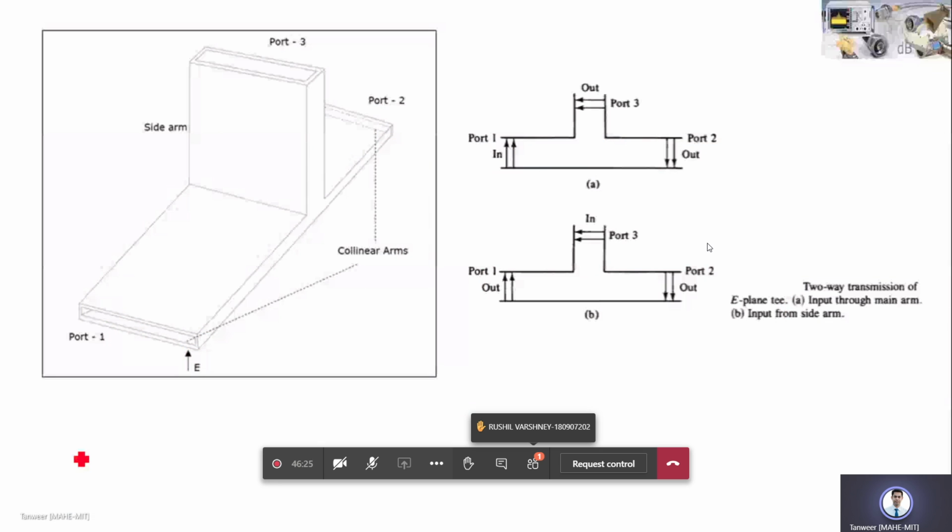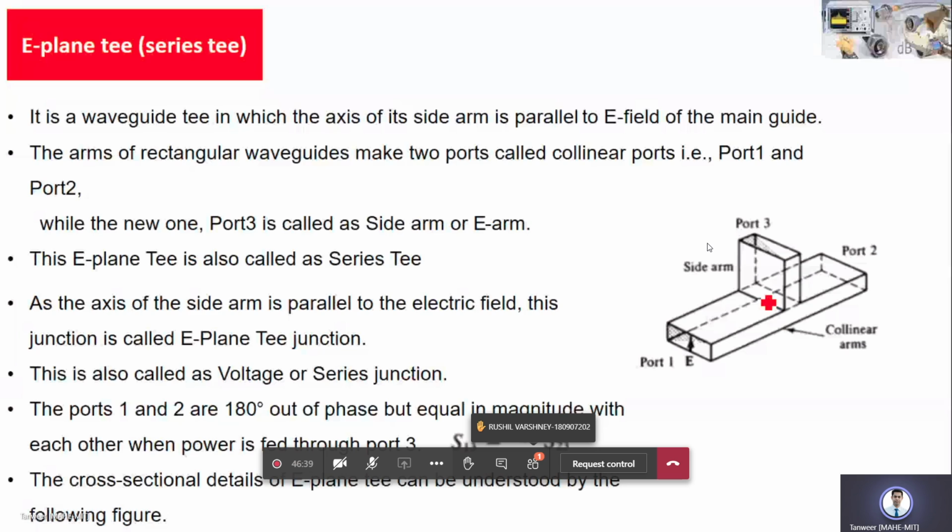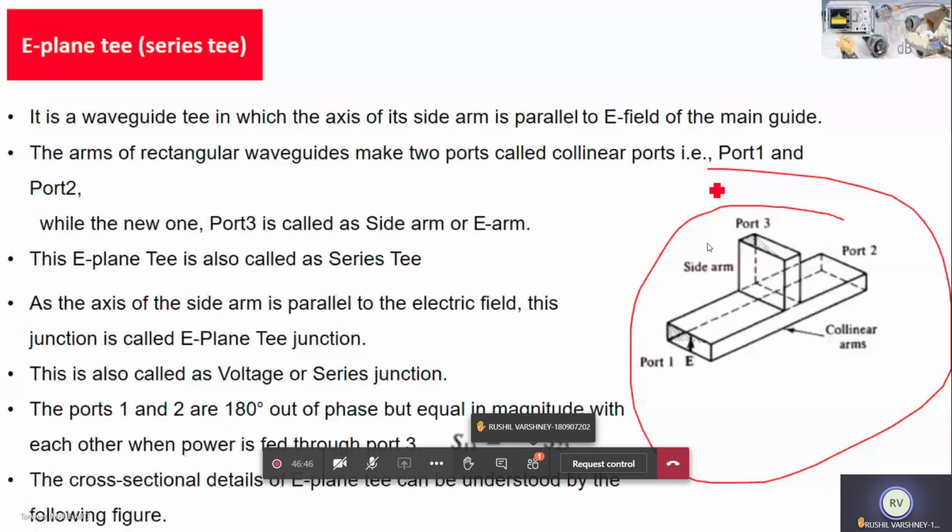Could you please explain why port 3's electric field is parallel to port 1? You are applying, no, see here this diagram. It is simple, see, it is in the same plane, it is also vertical, it is also vertical, it will be parallel only. But port 3's electric field is horizontal, right, in the side arm?